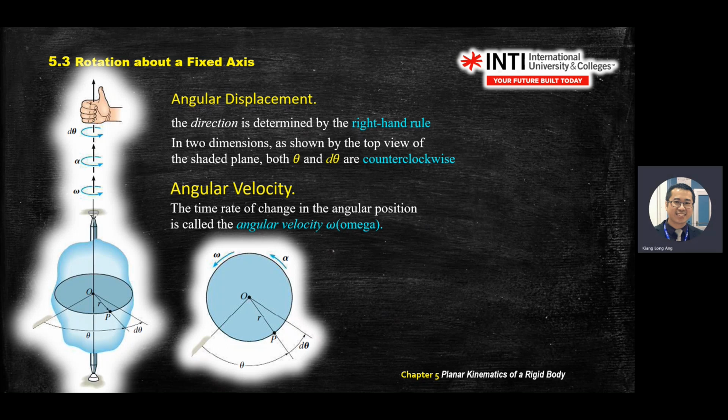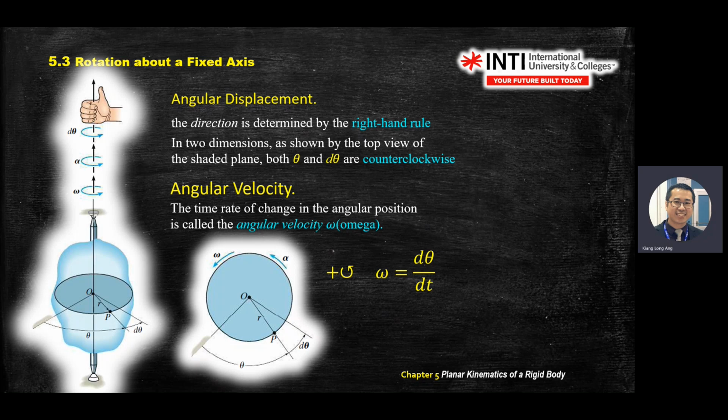But when it comes to angular, you take displacement and time derivative, d theta dt. You start to do some transformation on the symbol. And anti-clockwise is positive. Right hand rules. Chapter 5 onwards, you start to look at your right hand. So angular velocity, d theta dt.